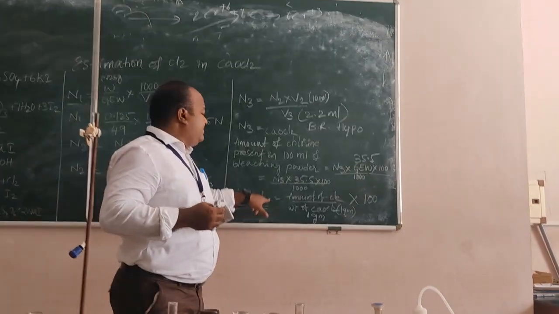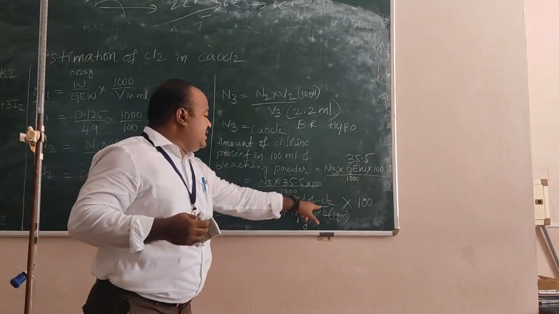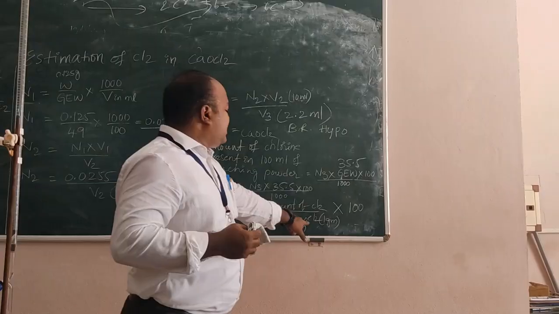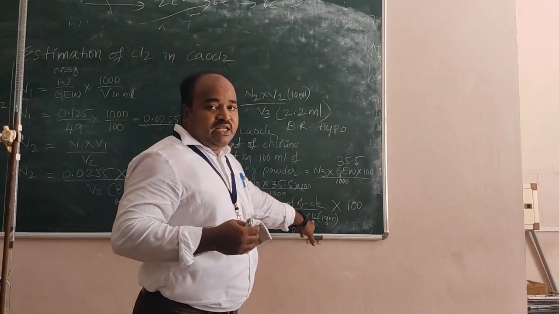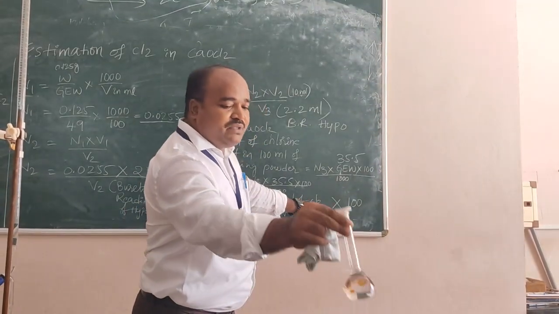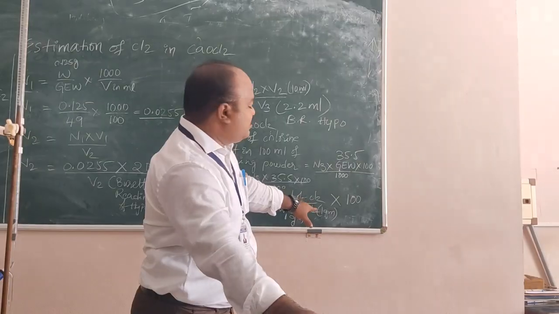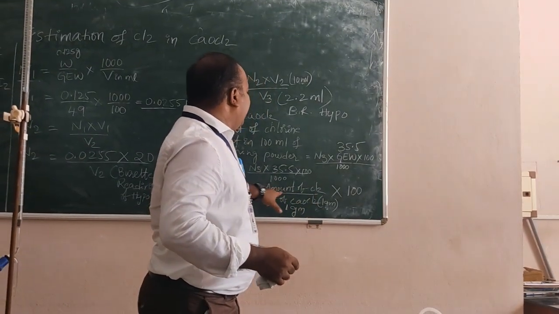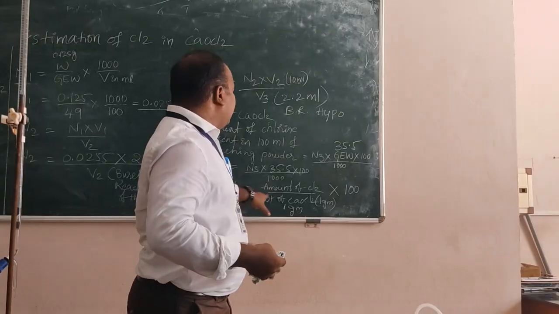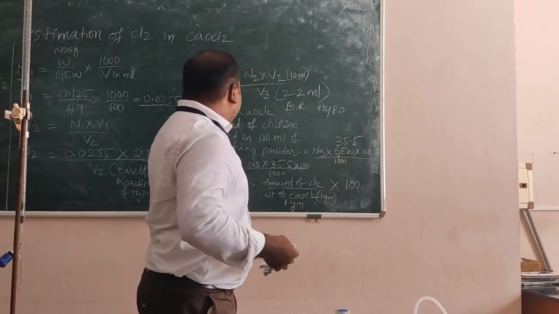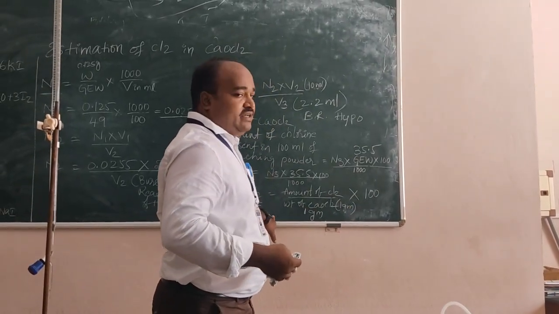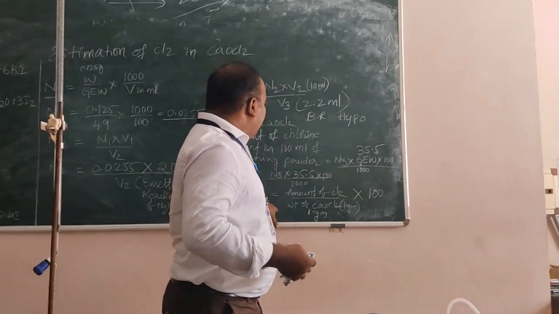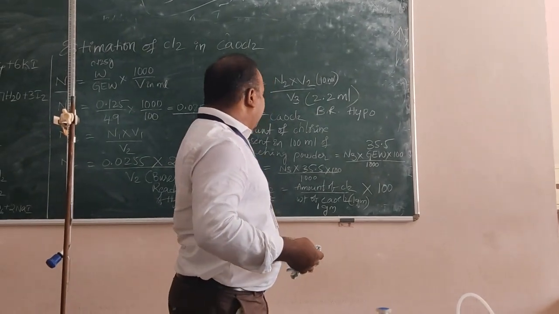Percentage of chlorine equals the amount of chlorine divided by the weight of the bleaching powder we have taken to make this solution, 1 gram in 100 ml, into 100. We apply this formula to find the percentage of chlorine.